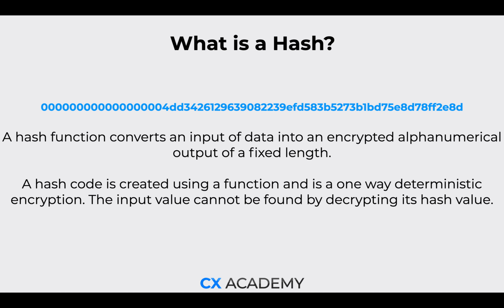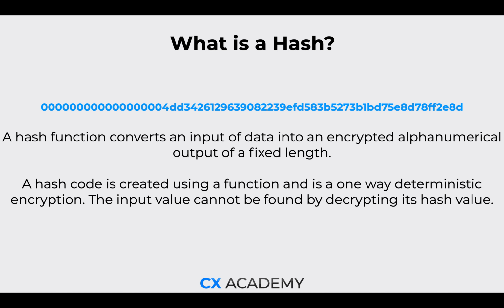So then, the hash code is created using a hash function and is a one-way deterministic encryption. This is getting a little bit more advanced, but bear with me. The input value cannot be found by decrypting the hash value. No matter what we do with this hash on screen, using the SHA-256 hash function, we will never know the input values of this hash, because one slight change will alter the entire thing.